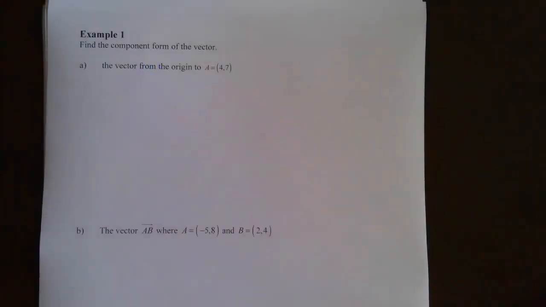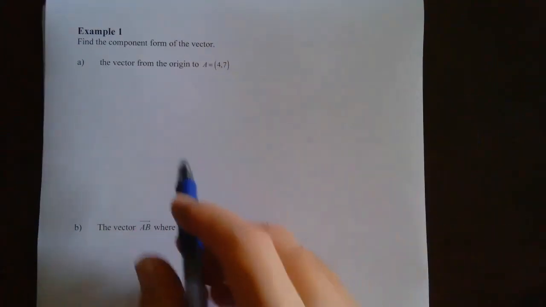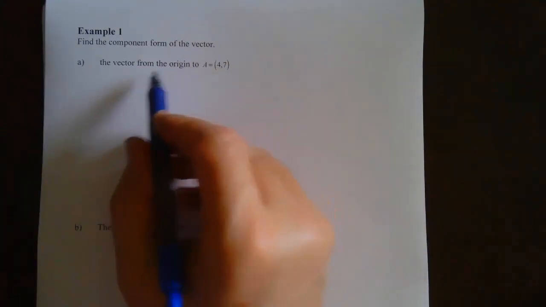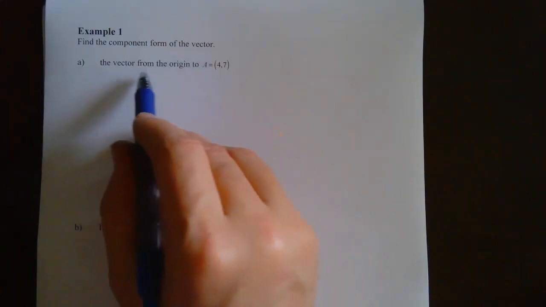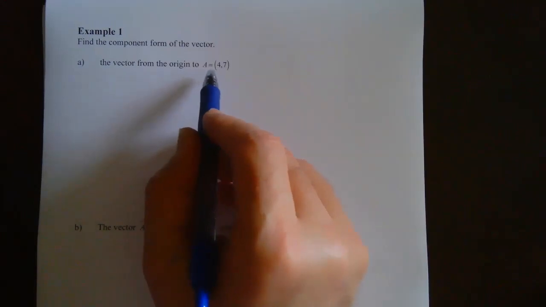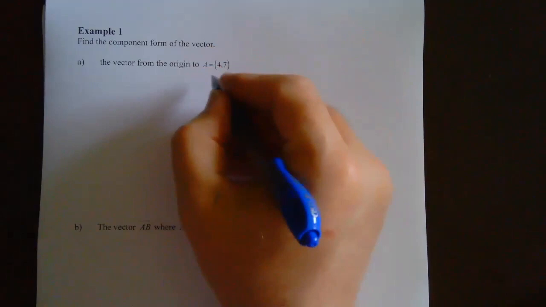We're going to hold off. It's the next one that we're going to do the direction angle and all that. So here we go. We're just going to do component form, based on some of the stuff we've learned so far. Find the component form of the vector from the origin to A, which is 4, 7. So that's the end, the head.